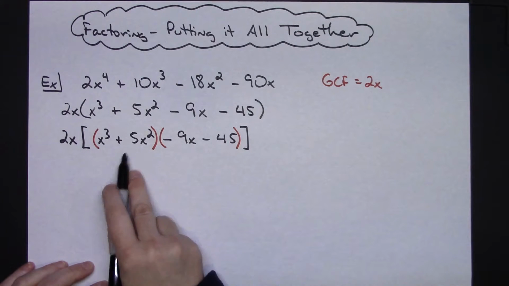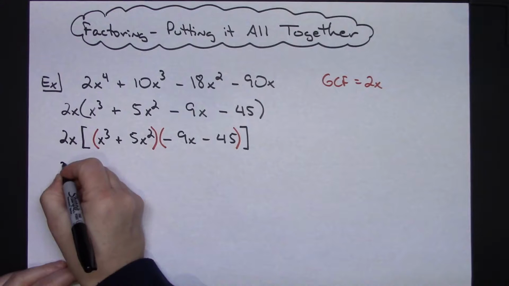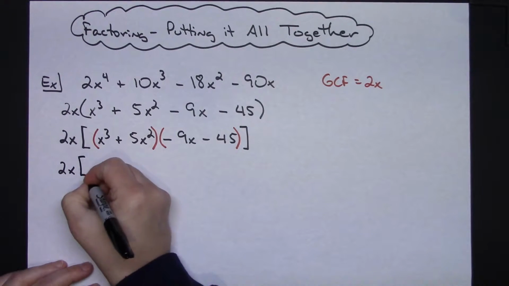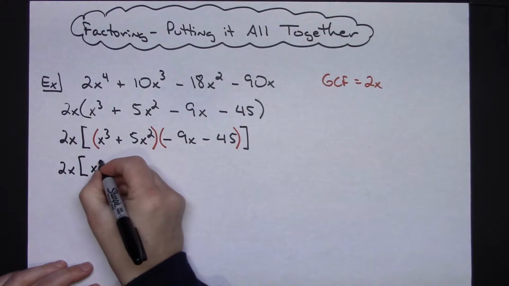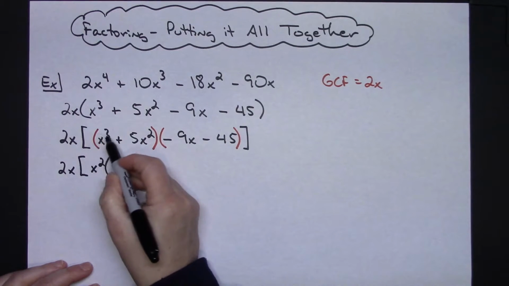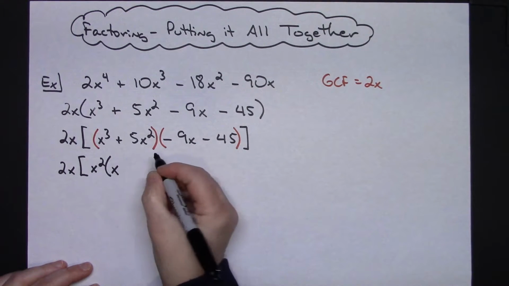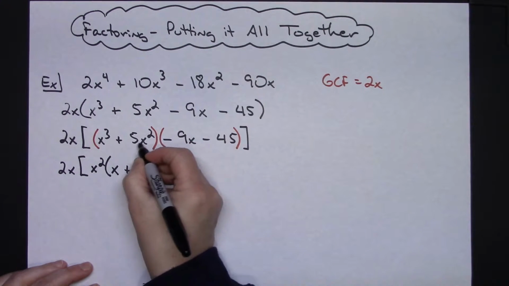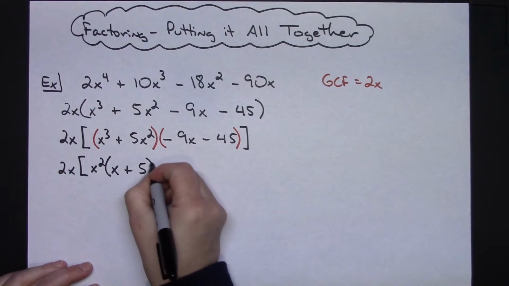In each one of these terms, I'm going to, again, take out the greatest common factor. This 2x is going to just stay out in front. Out of this, I can take an x squared out as the greatest common factor. First term, if I start with x to the third and I take x squared out, I would be left with an x. 5x squared, taking out that x squared, is going to leave me with just the 5.